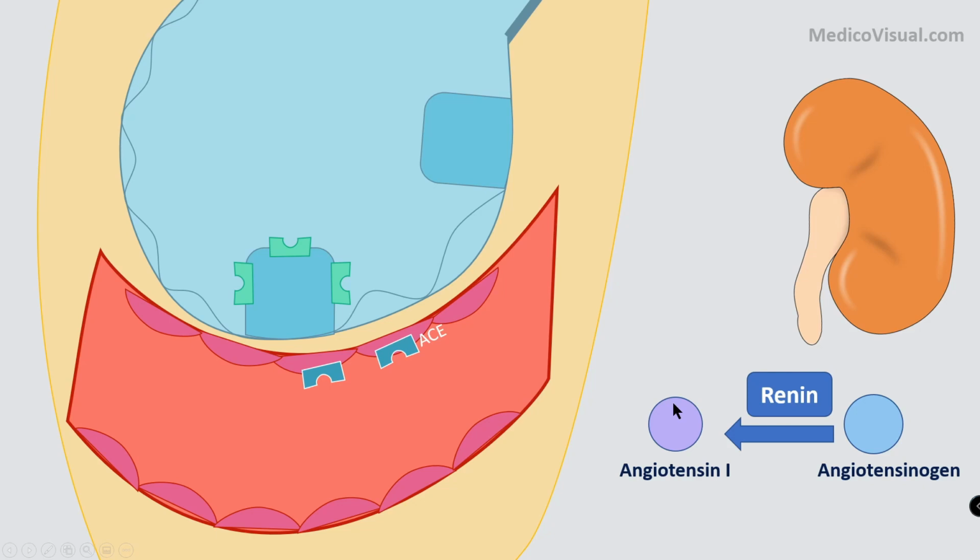These transmembrane enzymes act on angiotensin 1 and convert it into its active form, angiotensin 2. Now, angiotensin 2 is a potent vasoconstrictor. It has a number of functions. I am not going to discuss all of them, but if we talk about its local effect on the lungs, it will increase hydrostatic pressure.